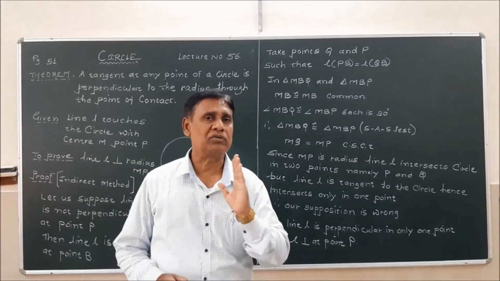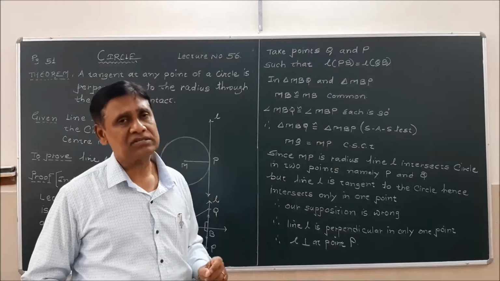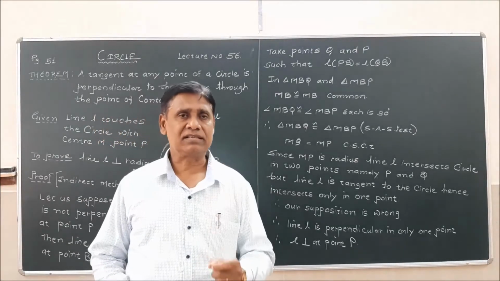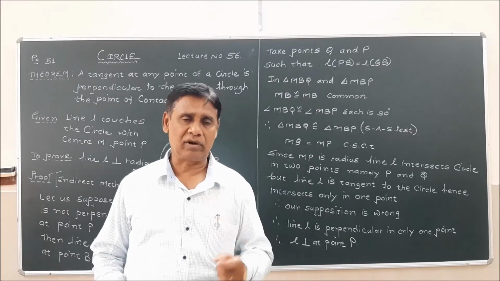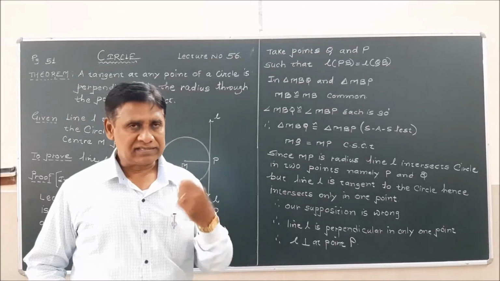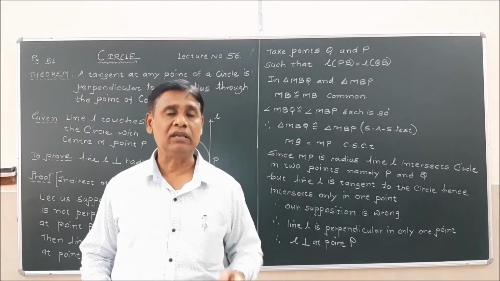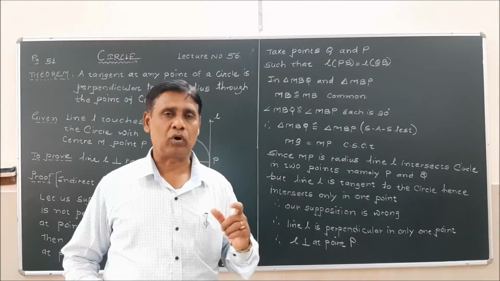This is a very important fact that we have to use over here. Touches, or more precisely in scientific language you should say that it intersects the circle in one and only one point.